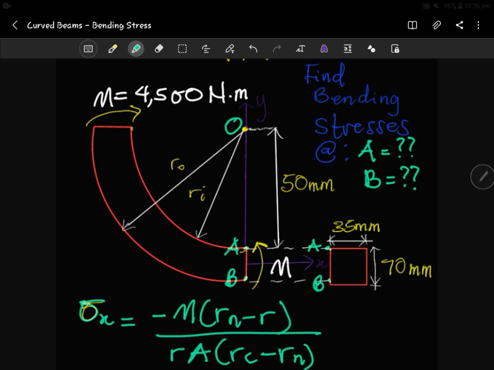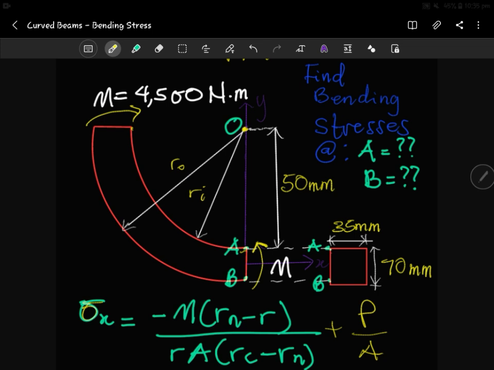That is if there's no direct force applying on that particular position that I want to check within the beam. But if there's a direct force, we add this: P, or that force, on the area, the cross-sectional area to be exact.